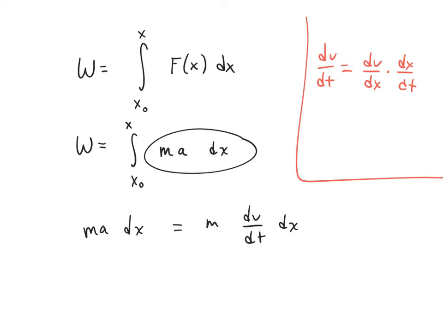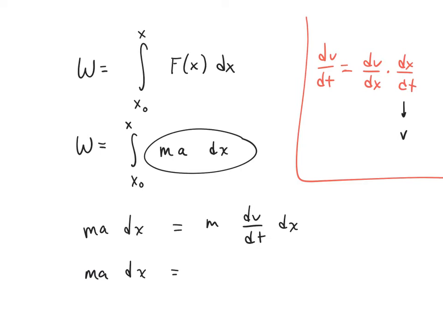So you could probably expect what we're going to do for the next part. This is going to be ma times dx still. And this dx/dt is really v, if you think about that logically, because it's the derivative of position with respect to time. So I can replace dv/dt with this entire expression here.